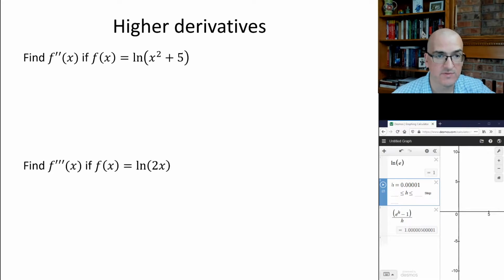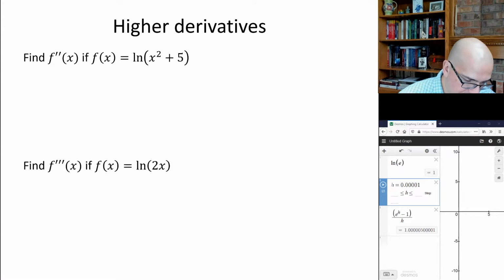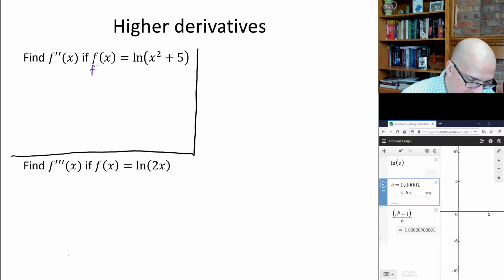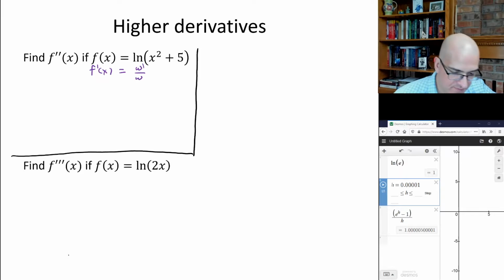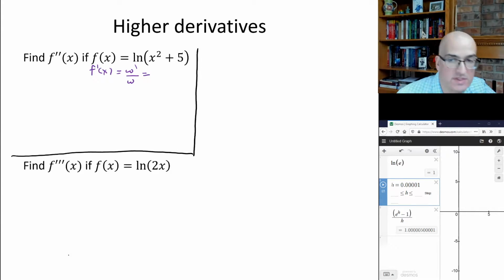And that's what happens inside this first example. Our first derivative here, I'll split this for reasons to be seen. Our first derivative, we have w prime over w, where w is the stuff inside the log function, x squared plus 5.